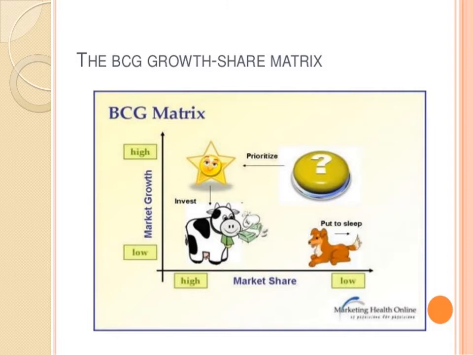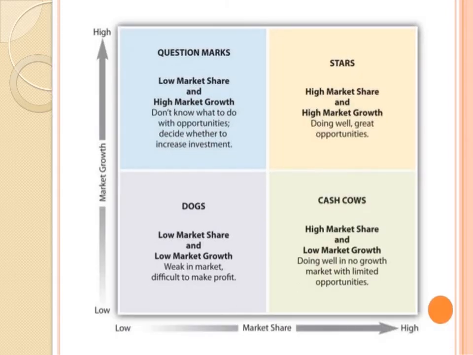The four categories are question marks, stars, dogs, and cash cows. The experience curve is a powerful analytical tool, though it has some limitations too. Higher market share means higher accumulated experience, lower unit cost, and higher profitability.